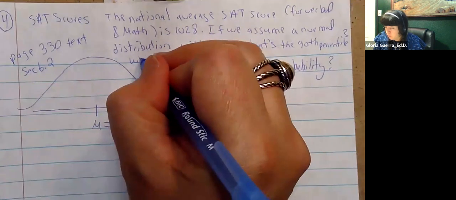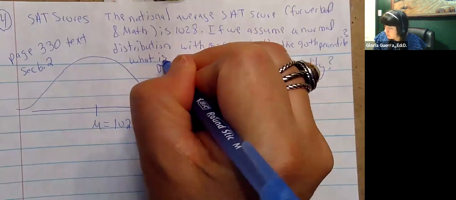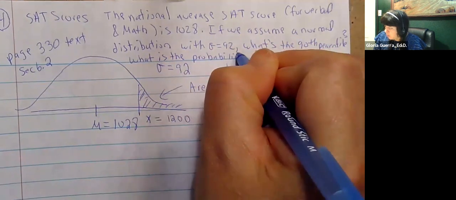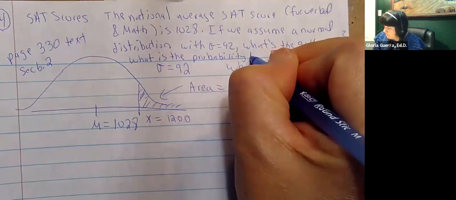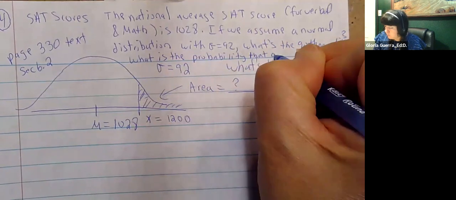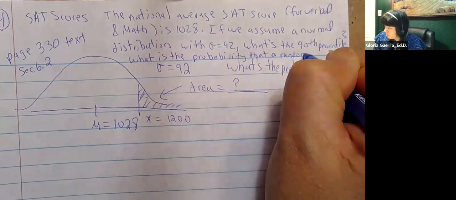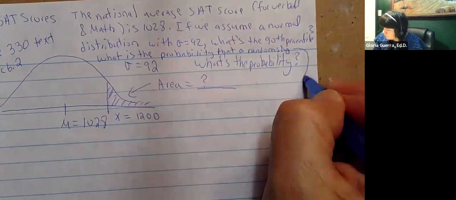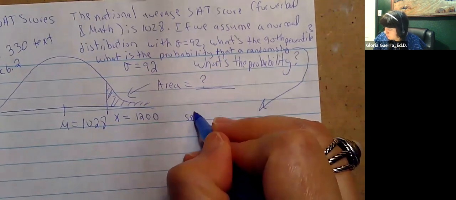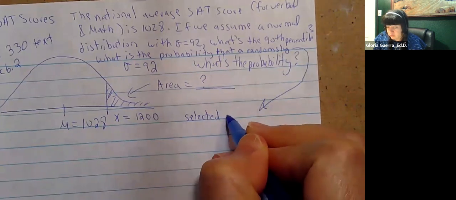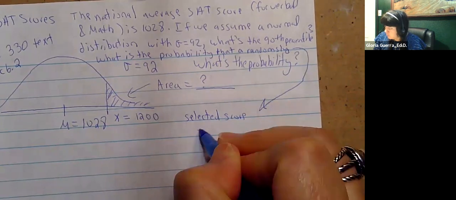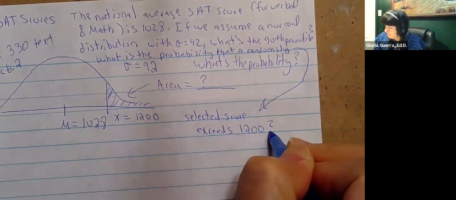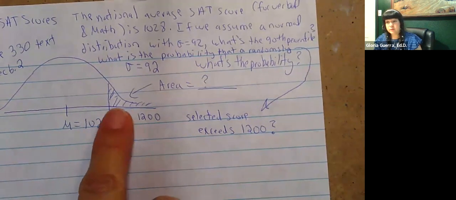They were asking what is the probability that a randomly selected score exceeds 1200. And that's why I drew it like that.